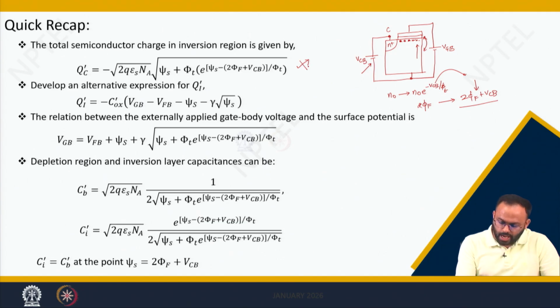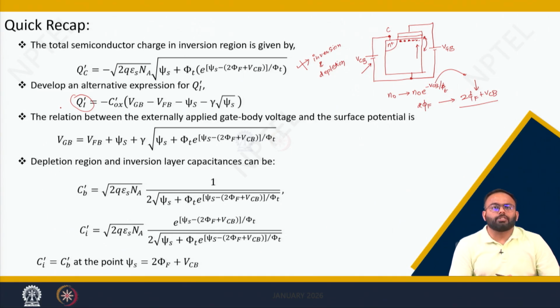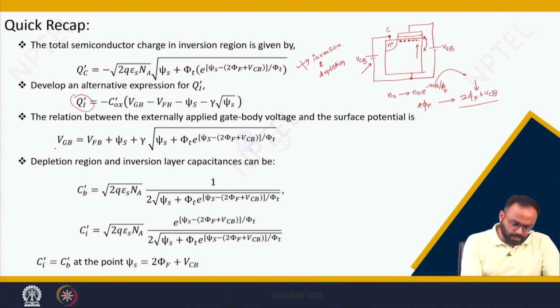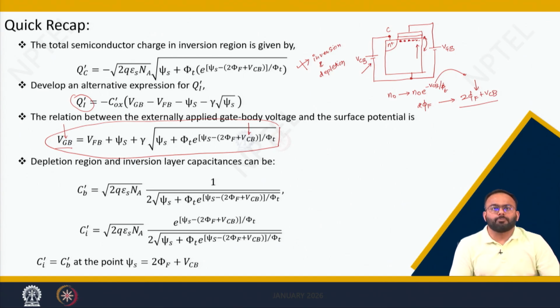We have also derived a few equations in different regions of operation, like inversion. This is the total charge equation for inversion and depletion. This is the charge equation for inversion, and we related it to the external voltages, VGB. You can see here the closed-form equation gives the influence of both VGB and VCB on your surface potential.